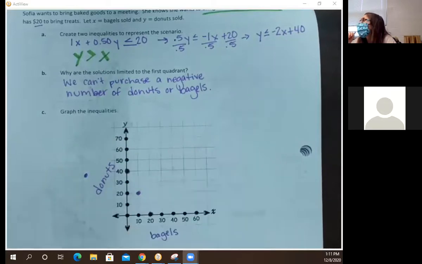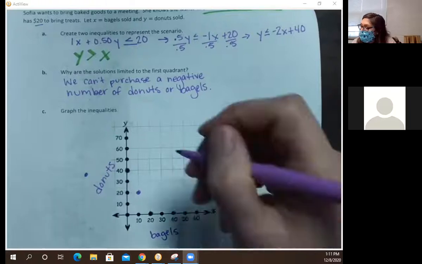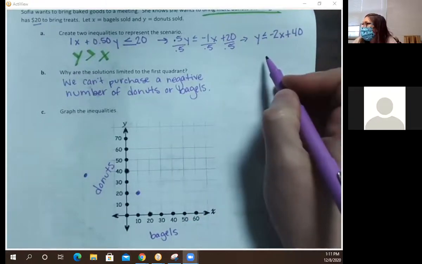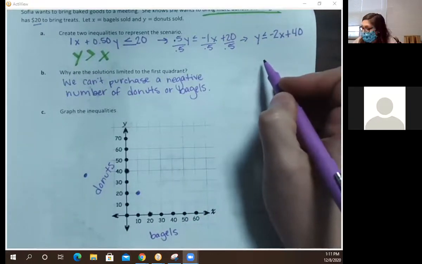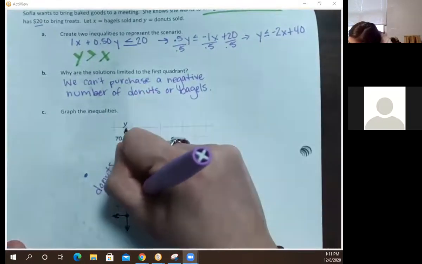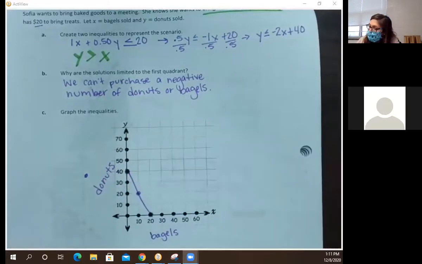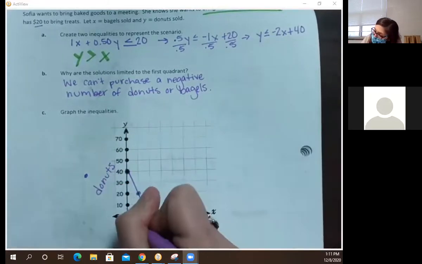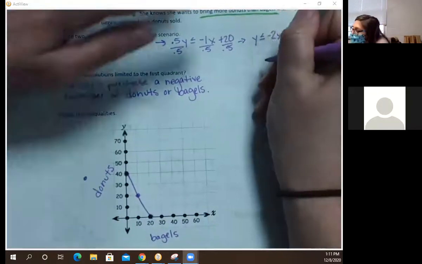Solid or dashed? Only if I divide by a negative. Multiply or divide by a negative, we flip that sign. But if it's a positive number, I don't need to. Solid or dashed here? Solid. And then I need to decide where to shade. I'm going to test my favorite point, 0, 0 here.